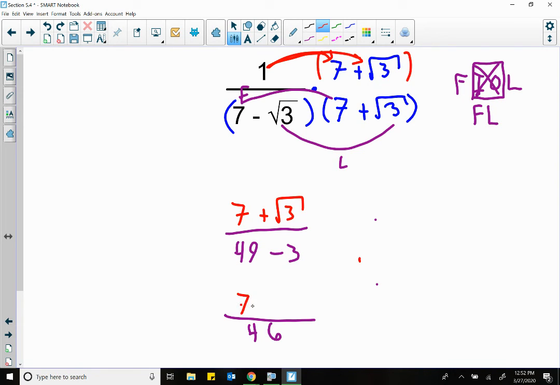So this is the numerator. Last but not least, can I reduce that radical there? No. Can I do anything about my numbers on the outside? No, because again, this is a family, so I can't just reduce the 7 over the 46. It doesn't work like that. And that is the answer.